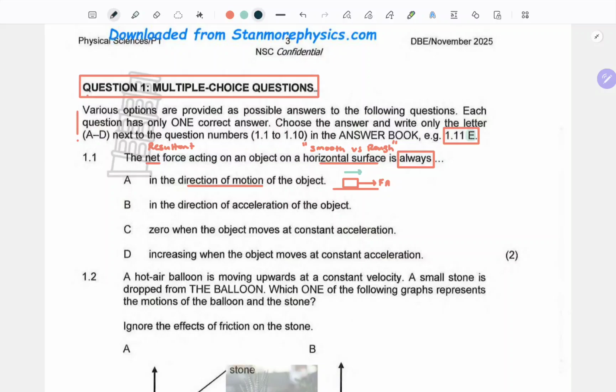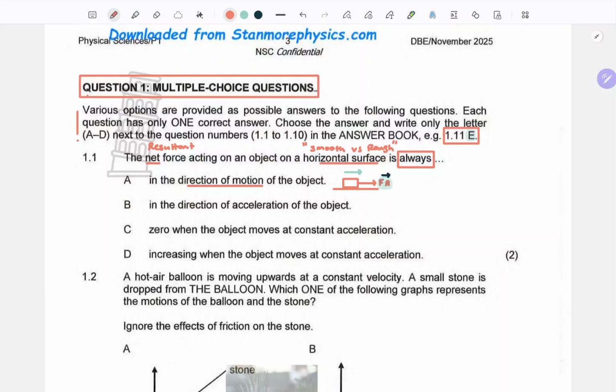Now we can see that this force becomes the resultant force, because it is the force causing motion in this object. Now this resultant force is certainly in the direction of motion of the object. So this is somewhat correct.